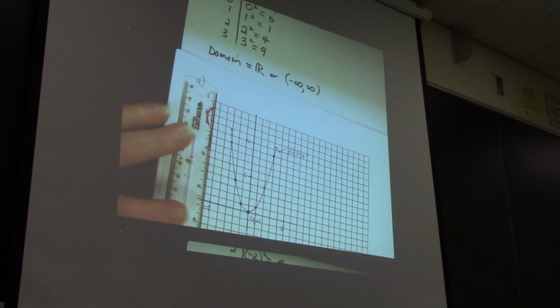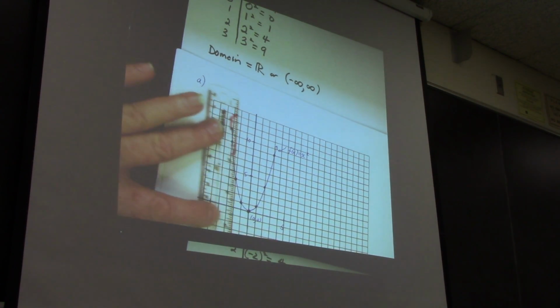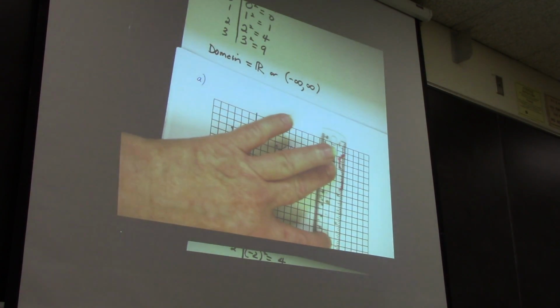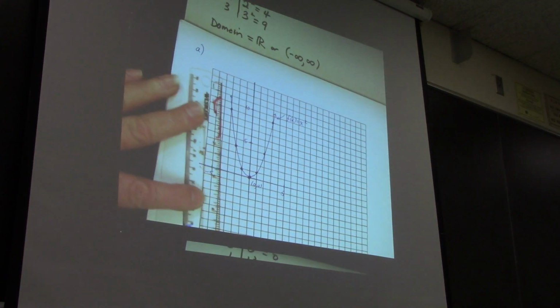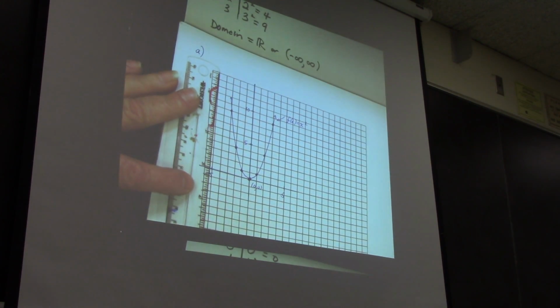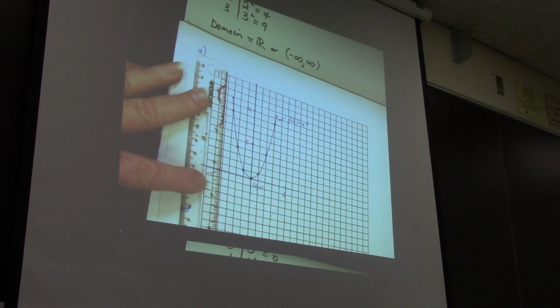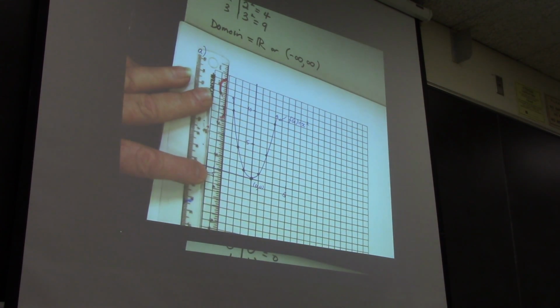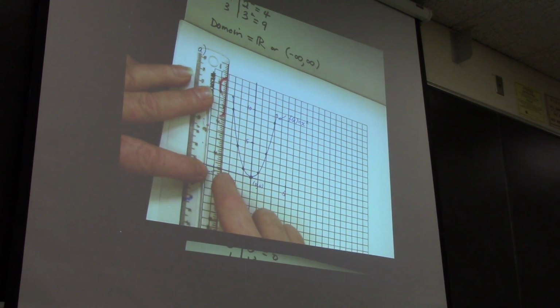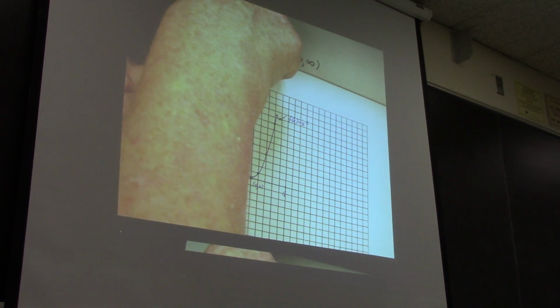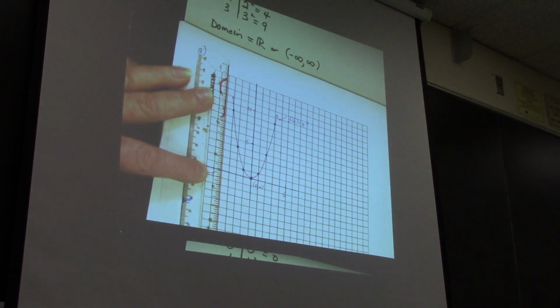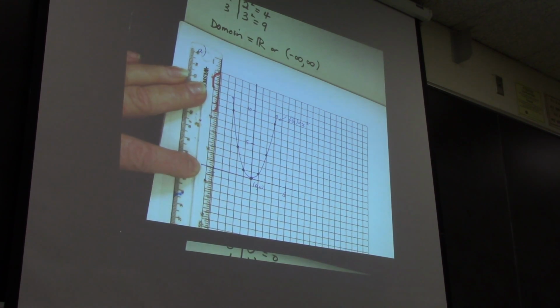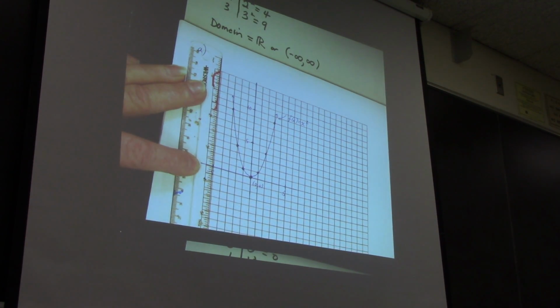Okay, so as we read along the x-axis, even though you can't see some of these points, like we can see negative 3, 9, we can't see negative 4, 16, or negative 5, 25.